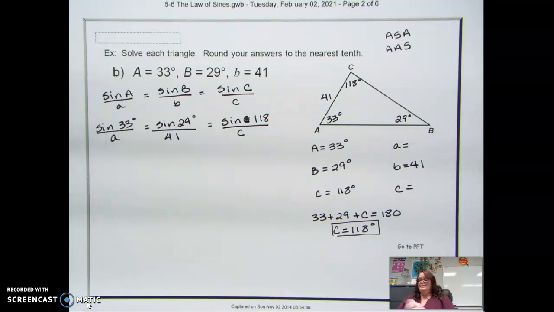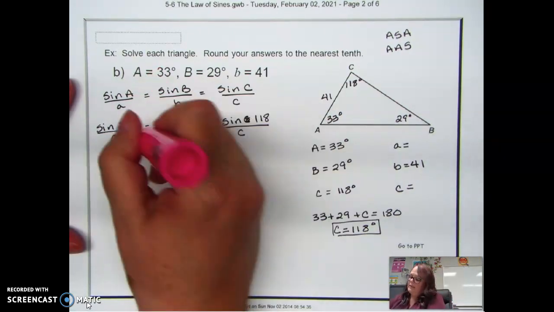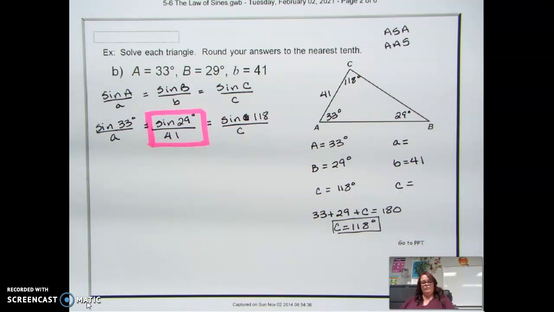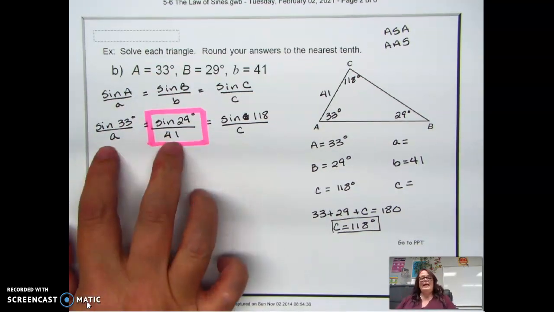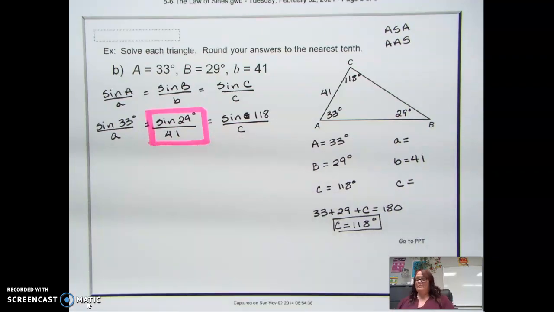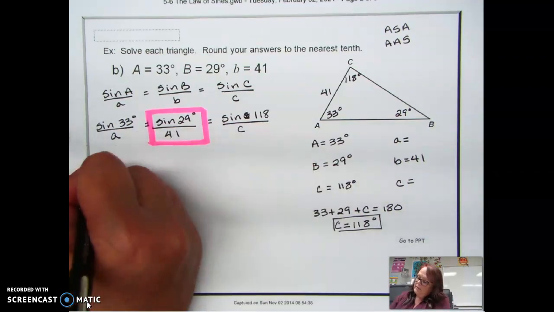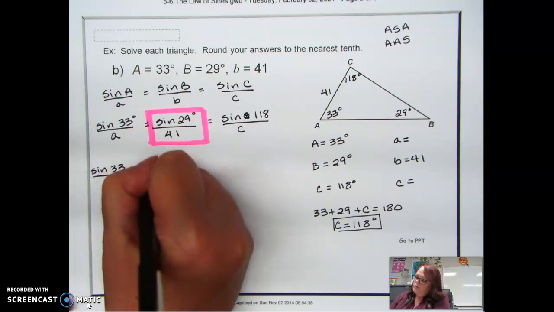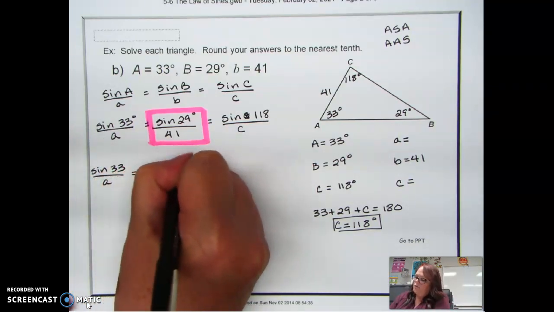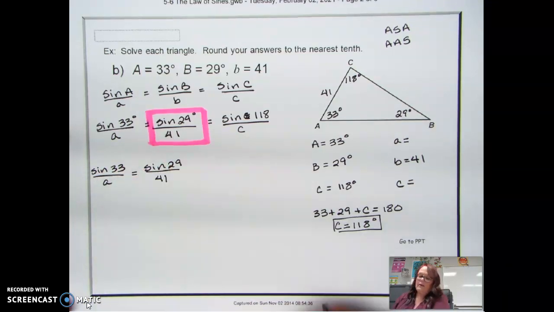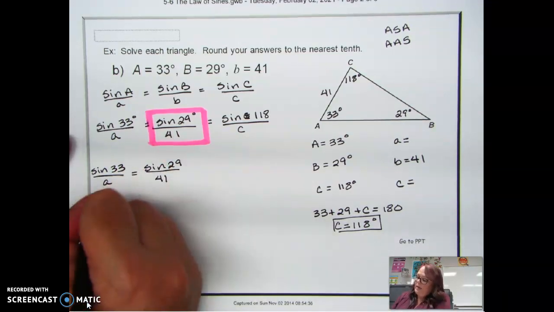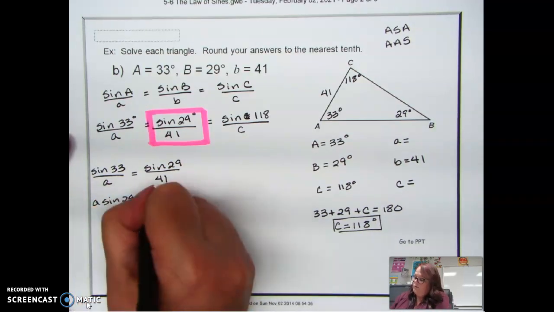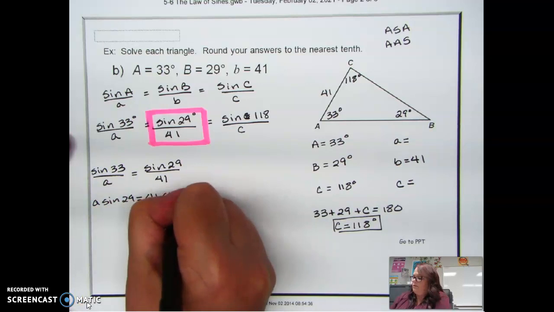So in this case, it's going to be the middle one that is going to be our anchor, because this is the one that we know everything about. So I'm going to use that to find A, and then I'm going to use it again to find C. So I'm going to say that we've got the sine of 33 over A is equal to the sine of 29 over 41. So if we cross multiply, we get A times the sine of 29 is equal to 41 times the sine of 33.